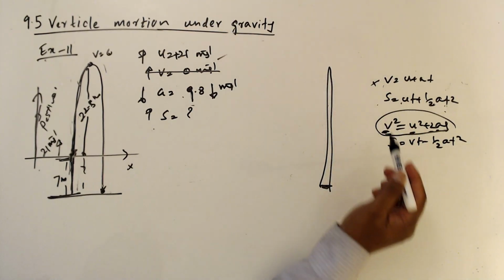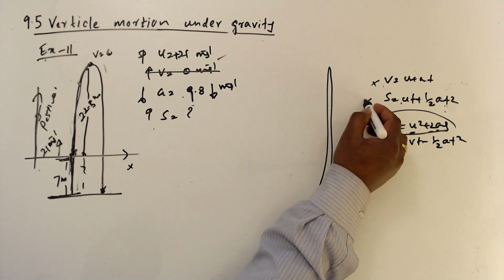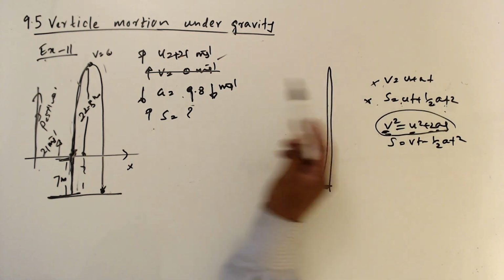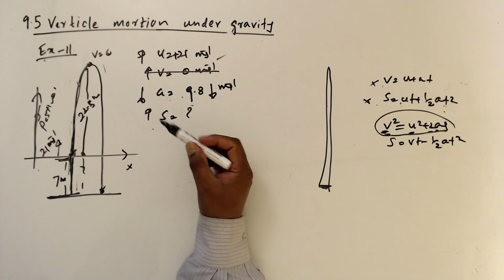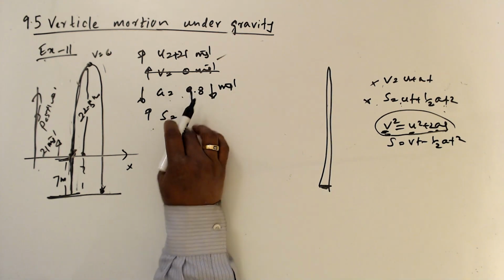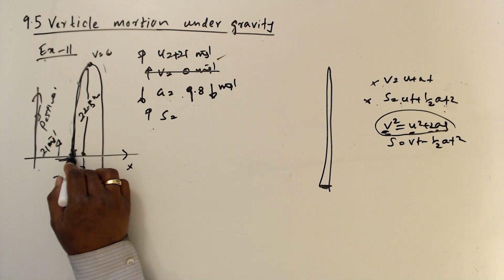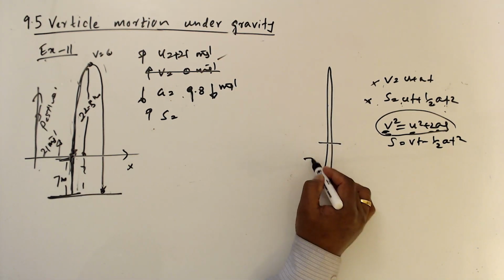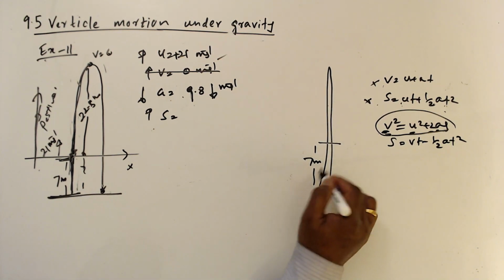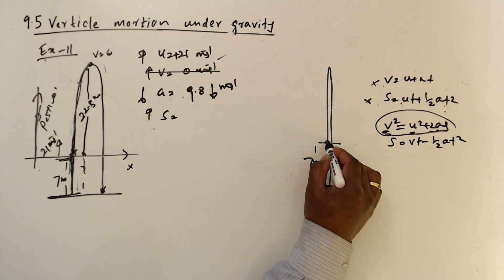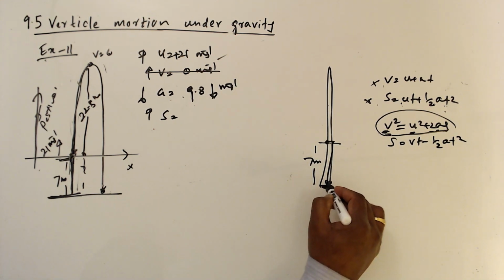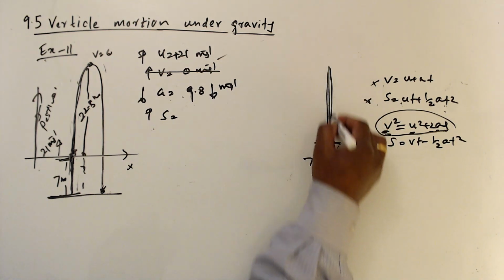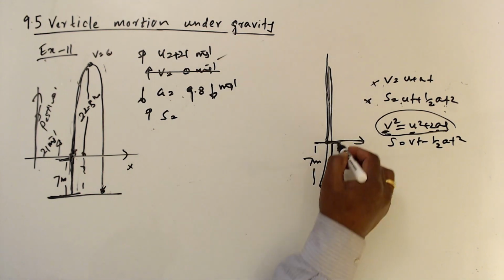Then the only possibility is this one. We know u, we know a, and s we know, the distance, because when it hits, this is 7 meter, the height. So it starts from here and the direction is here. So this is minus 7 meter from this point.